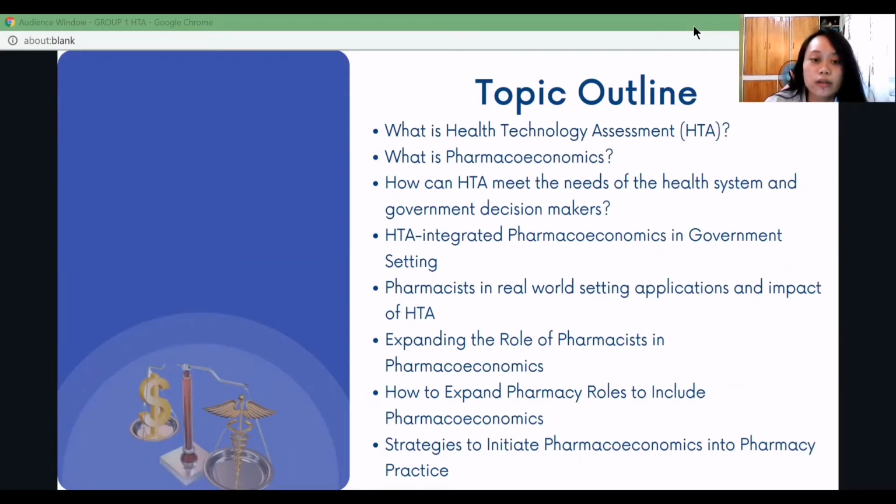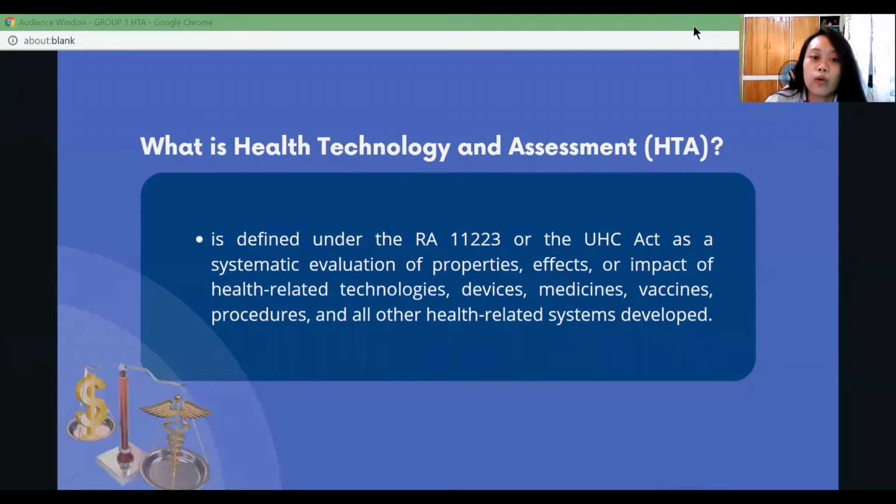To start, what is health technology assessment? It is defined under RA 11223 or the Universal Healthcare Act as a systematic evaluation of properties, effects, or impacts of health-related technologies, devices, medicines, vaccines, procedures, and all other health-related systems developed.